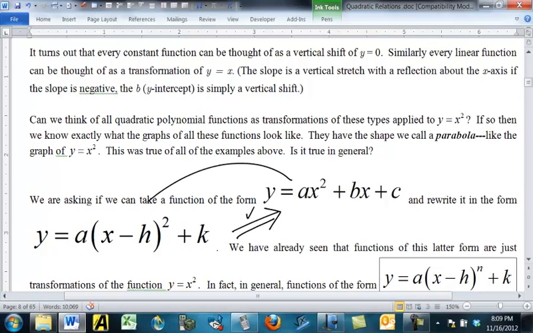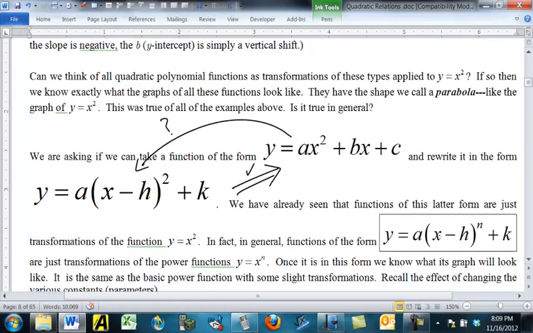But the question mark is, can we go this direction? Can we take anything that looks like y equals ax squared plus bx plus c and get it to look like this? So in general, it's possible to take this if we multiply the x minus h times another x minus h times however many we need, n times, and expand it out. We get a polynomial whose highest term is going to be ax to the n.